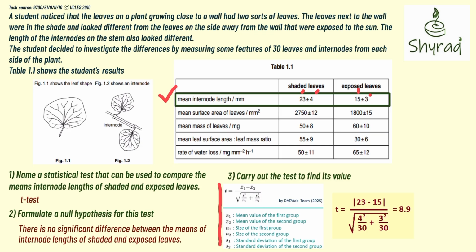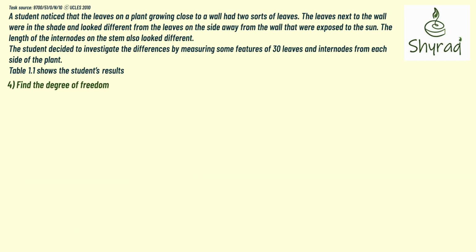You just plug these numbers into this formula and calculate the t value. So the t calculated value in our example is 8.9. Next step is to find the degrees of freedom.